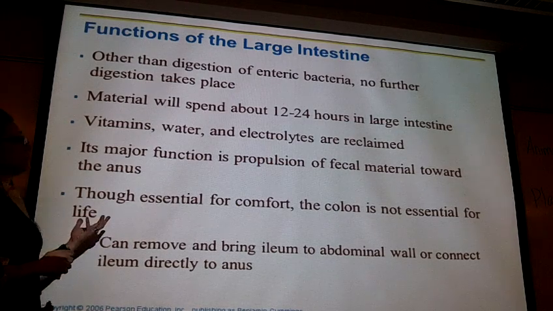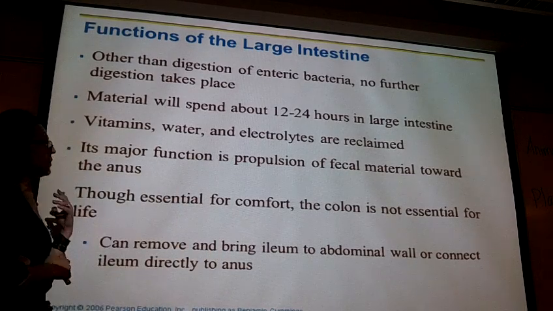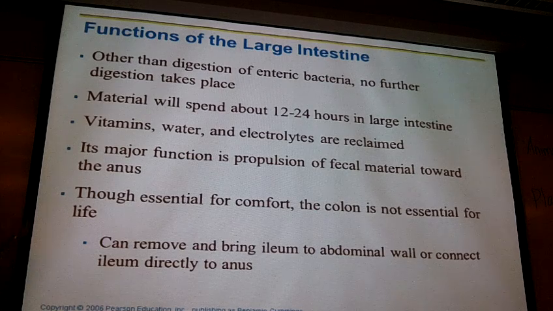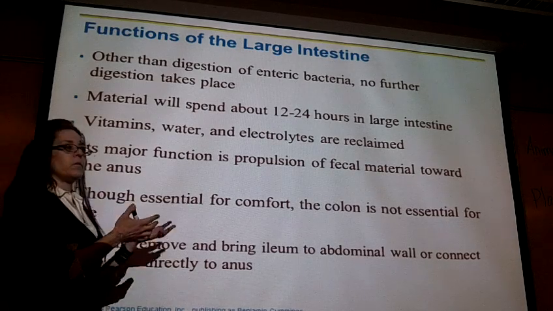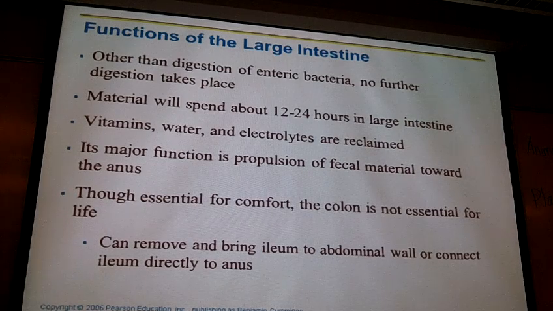So if for some reason you had to have part of your colon removed, you would still be just fine. It would not be that problematic. So if you have to have something removed in the body, colon would be higher on the list of things to get removed if you had to have something removed.